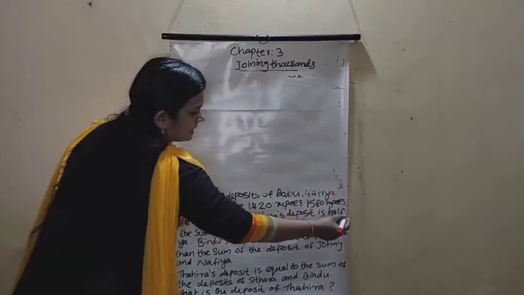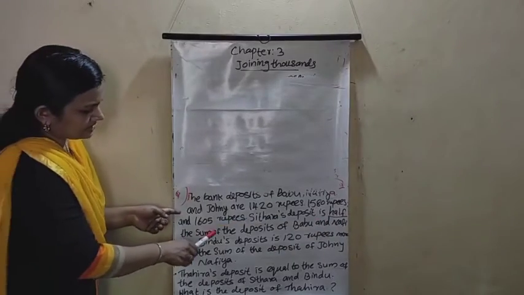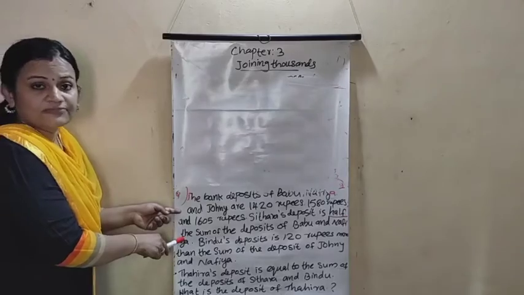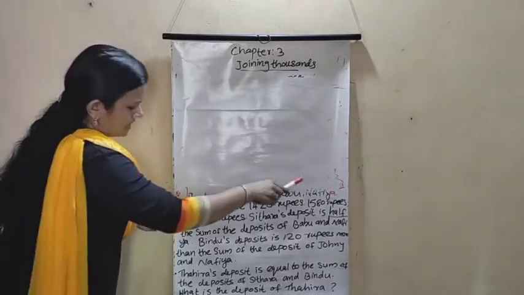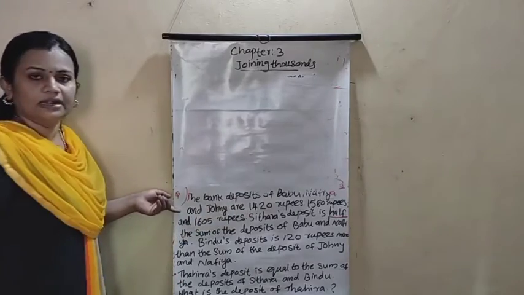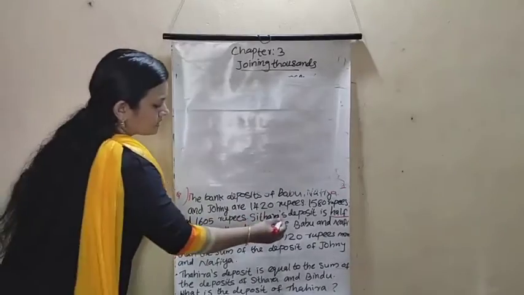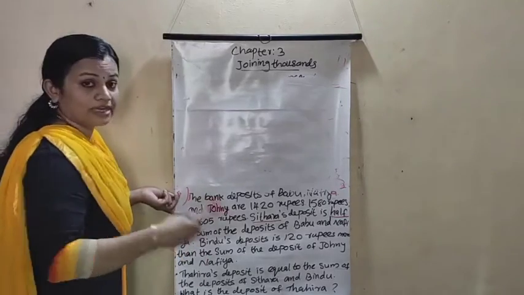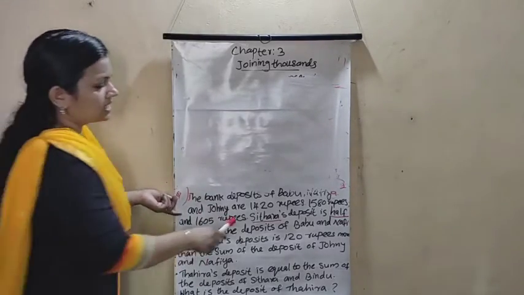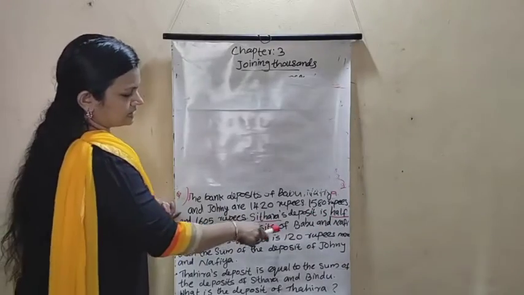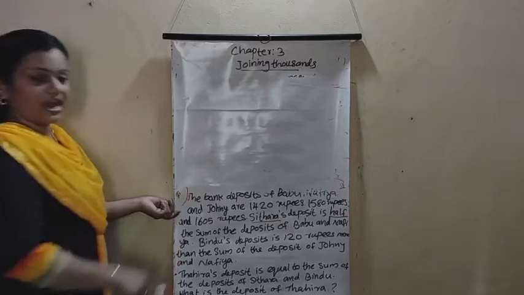Sitara's deposit is half the sum of the deposits of Babu and Nafia. This is the first part. Babu, Nafia and Johnny's deposit amounts are given, but Sitara's deposit amount is not given. But one hint is given. How to find Sitara's deposit? Sitara's deposit is half the sum of the deposits of Babu and Nafia.